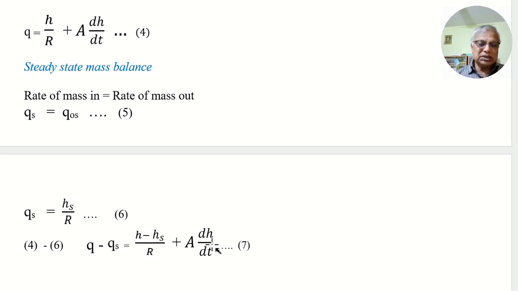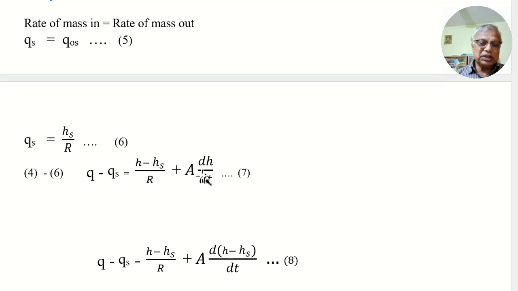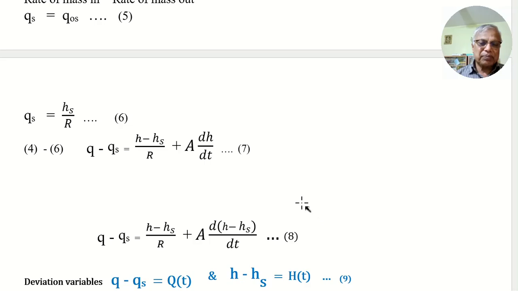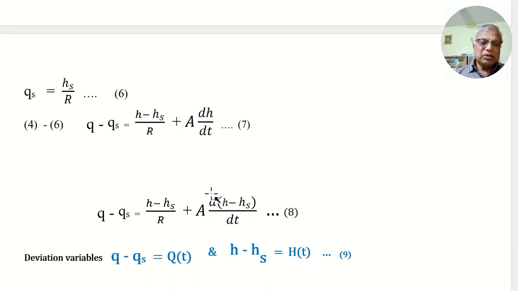I can make dH also d of H minus Hs, because the steady state value Hs is a constant. All these S subscripted variables, Qs and Hs, are constants. So I will modify this dH by dt as d of H minus Hs. After modifying, you get this equation 8.